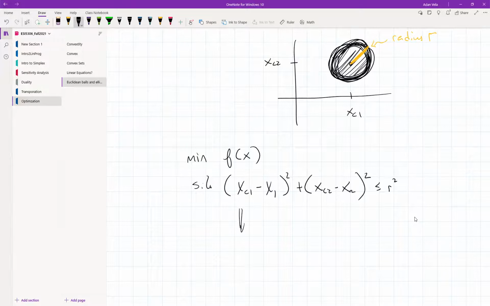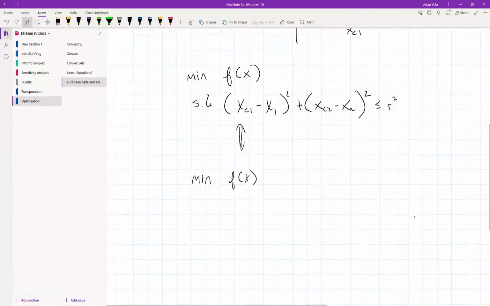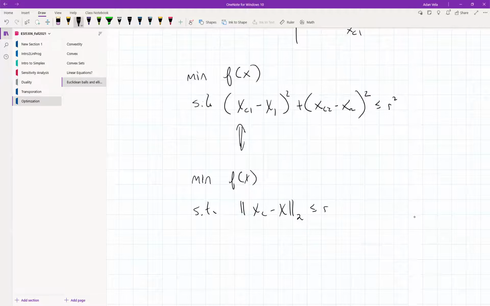The equivalent way of writing this is minimize f of x such that the norm, and here we're talking about the 2 norm, of x minus xc is less than r. And xc corresponds to the coefficients here, so it's going to be a vector equation.